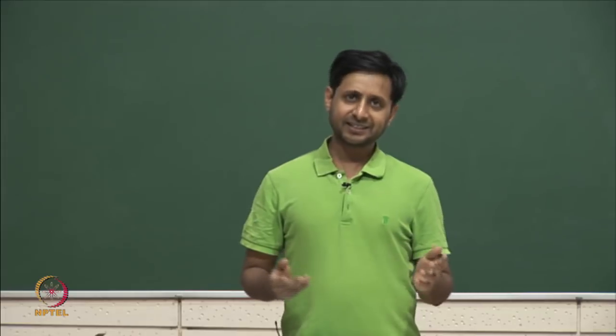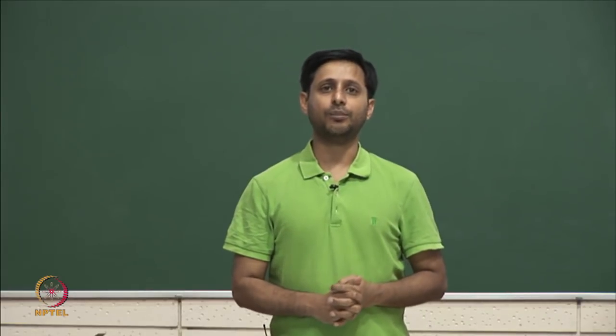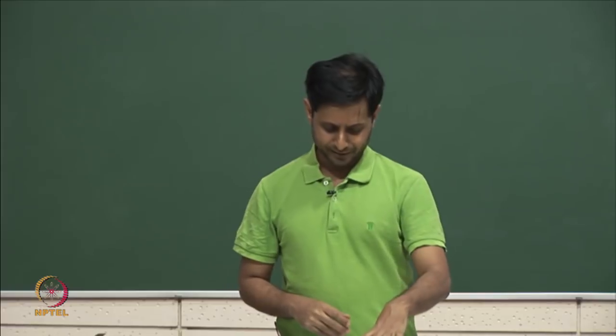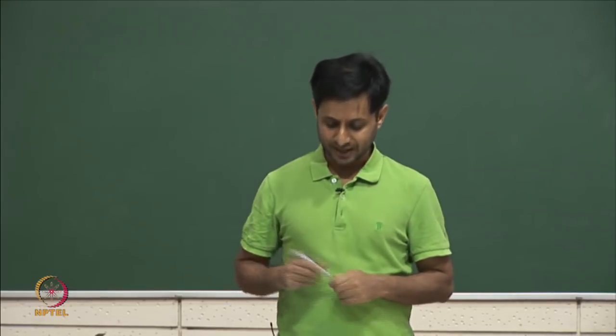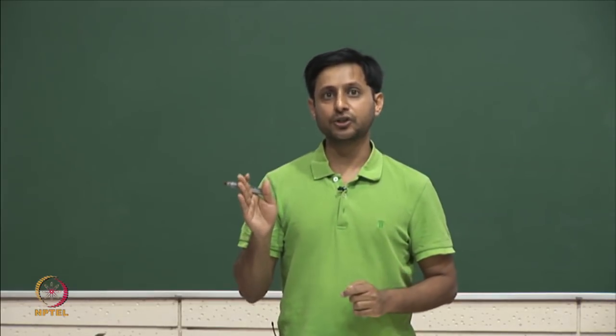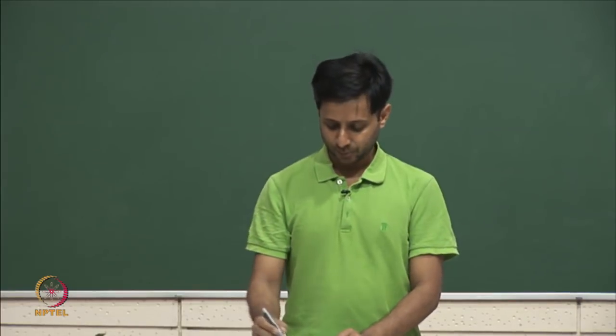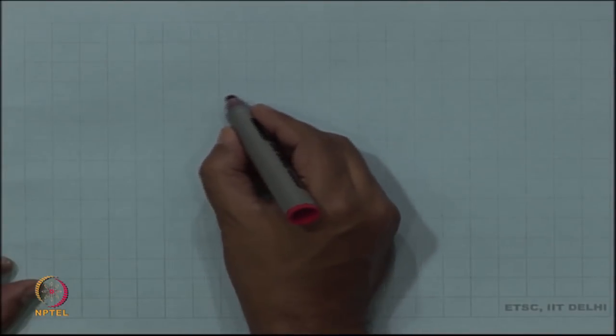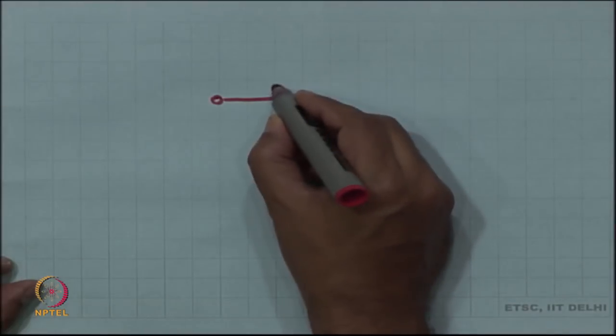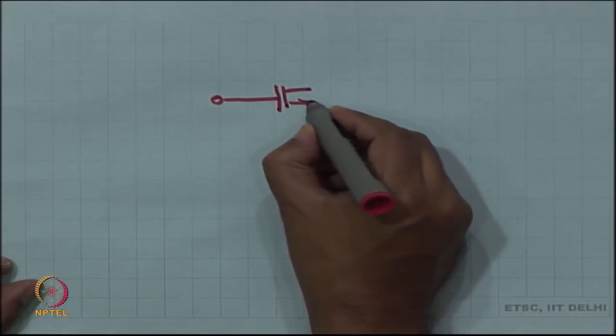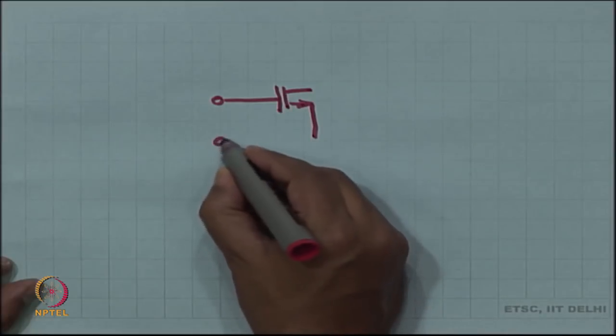So, in the last class we had studied the common source amplifier. The common source amplifier had the source common to the input port as well as the output port, or in other words, if I draw a sketch, this is how it looked like.